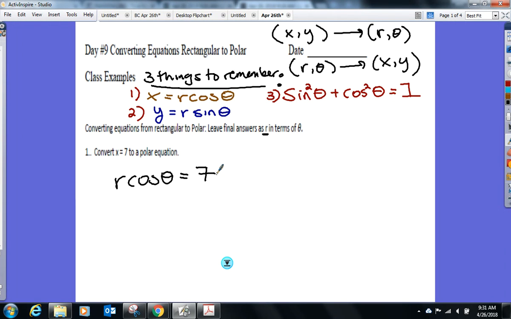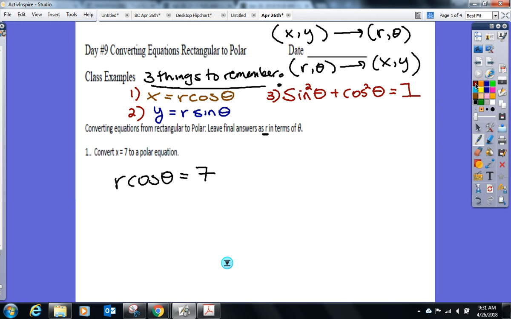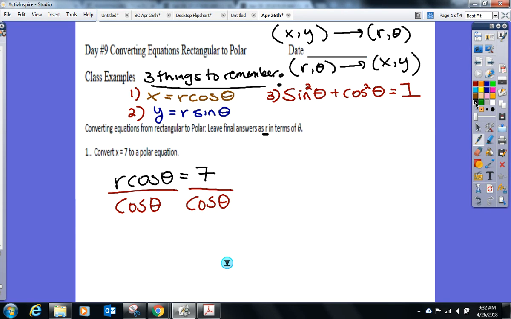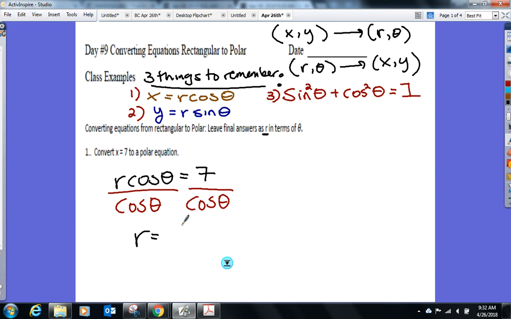Divide by cosine theta. So the equation in polar will be R equals 7 over cosine theta. Solve for R to get into the polar equation.